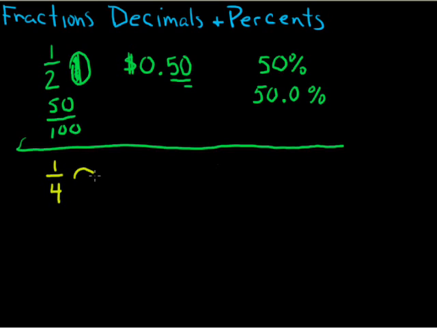Something is broken into quarters or fourths. One whole is broken into 4 equal pieces. Now a quarter expressed as money is simply 25 cents.